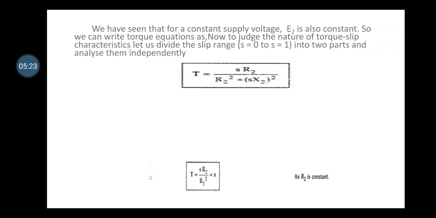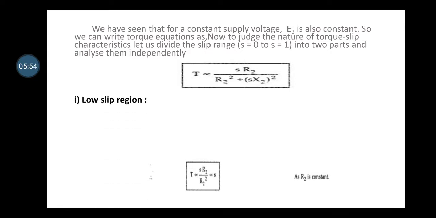We have seen that for the constant supply voltage, E2 is also constant, so we can write the torque equation as follows. To judge the nature of the torque slip characteristics, let us divide the slip range S equal to 0 to S equal to 1 into two parts and analyze them independently, as torque is directly proportional to S R2 divided by R2 square plus S X2 whole square.